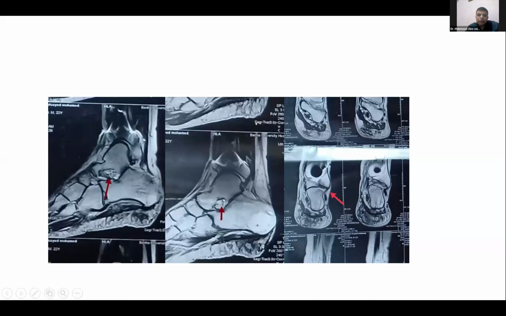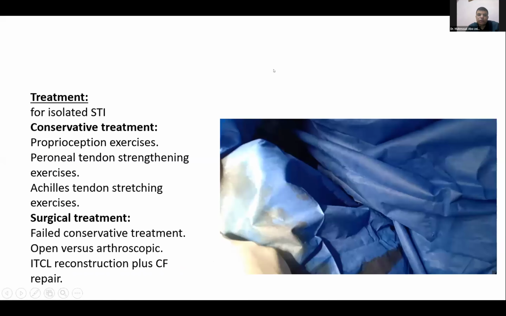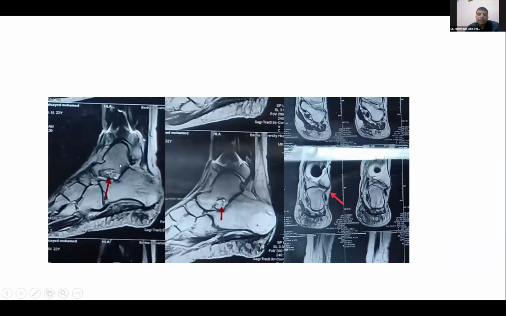In the MRI of the patient, we look for the subtalar ligaments, and it is important to know the interosseous talocalcaneal ligament. This is an interosseous ligament between the talus and calcaneus, and this is the cervical ligament, which is anterolateral to the interosseous talocalcaneal ligament, and the calcaneofibular ligament.